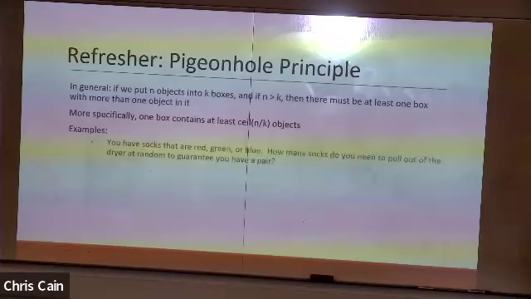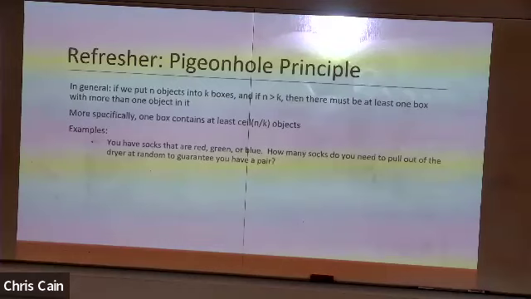Some examples. For some reason, every example out there uses socks for this. You have socks that are red, green, or blue. I wish, right? How many socks do you need to pull out of the dryer at random to guarantee you have a pair, knowing that we dry things and then match them?